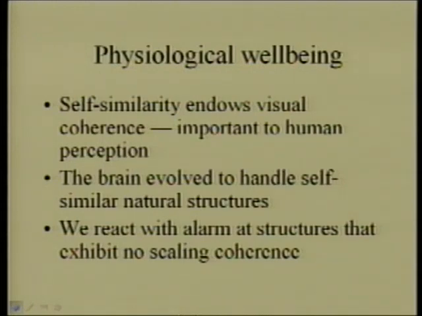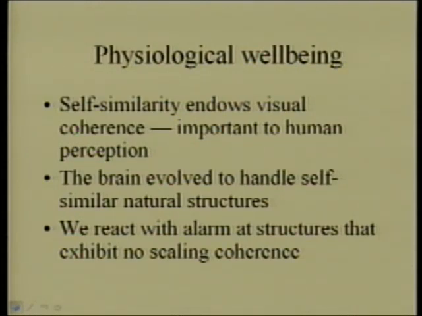Now, the basis of physiological well-being is due to many different factors, one of which is not to be overloaded by information, and that's where self-similarity comes in. There is a certain physiological pleasure that is triggered in a human being when there is coherence in the environment.